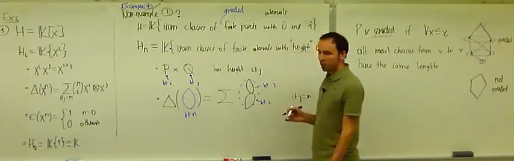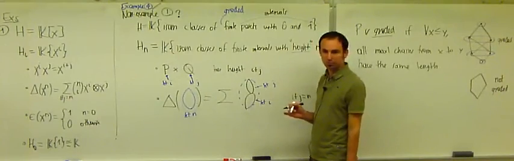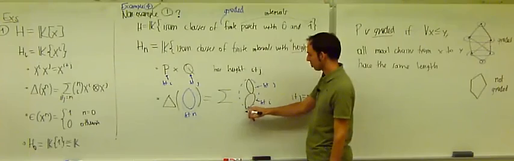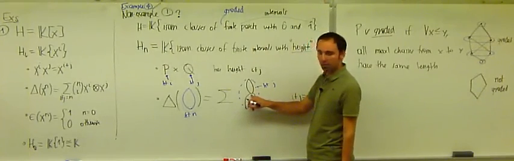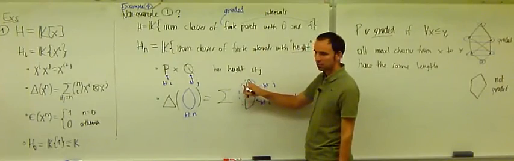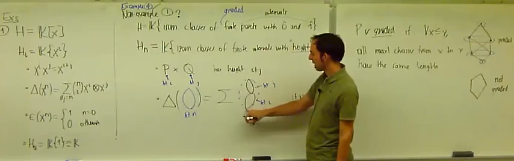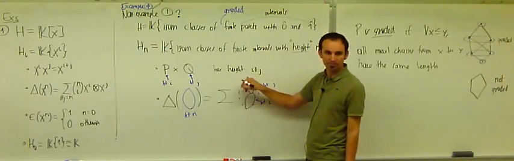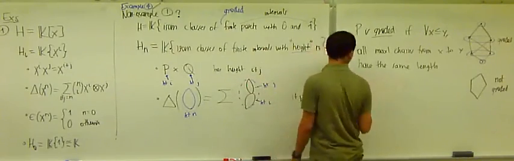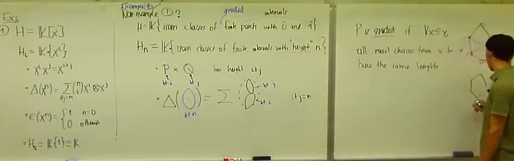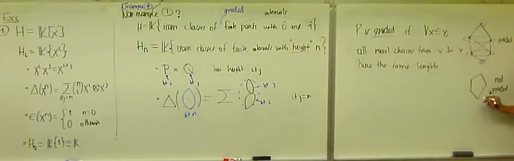Okay? But if we're not graded, this might not be true. Because maybe you have a path from here to here of length I, and a path from here to here of length j. But that doesn't mean that every path from here to here has length I plus j. Like here. So for example here, delta of this guy would include the term this tensor this.